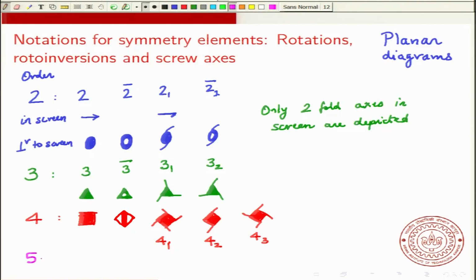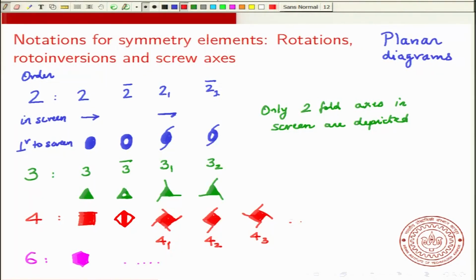Now, I will just briefly mention the other two. If you have a 6-fold axis, I'll just mention very briefly how you show it. A 6-fold axis is shown by a filled hexagon. You can use very similar depictions for all the remaining axes, and so on.